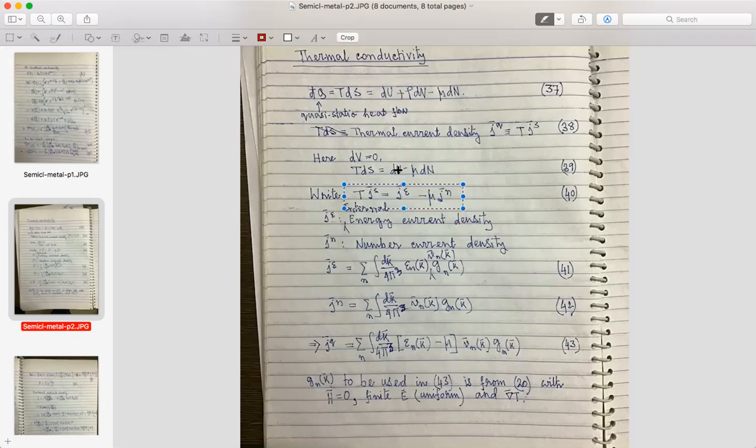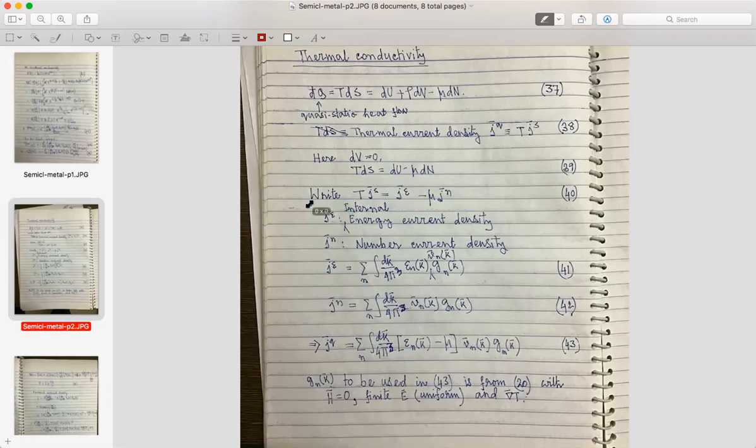So from this thermodynamic relation, I can write this relation, which I marked as equation 40, in terms of the currents of entropy, the internal energy, and the number of electrons. And remember, the internal energy is simply the band energy of the electrons. There is no other energy. Everything is captured in the band energies.